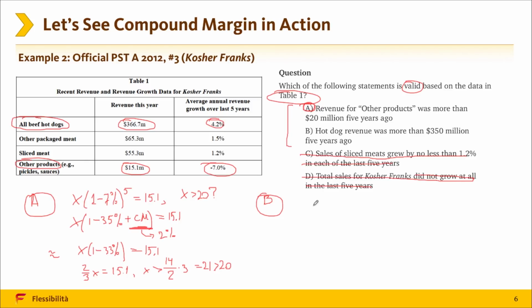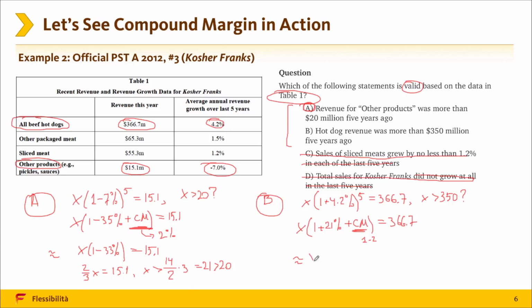So again, here we translate English into math. And again, let's say that X is the revenue of all beef hot dogs 5 years ago. We know that the contribution margin here is greater than 0, but it should be quite small. I think it would be about 1 to 2%.